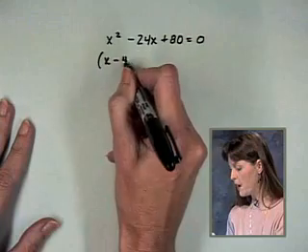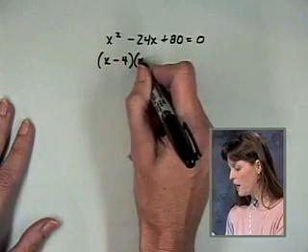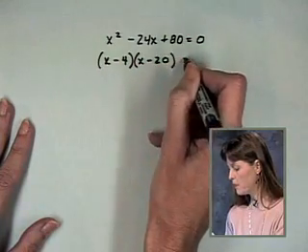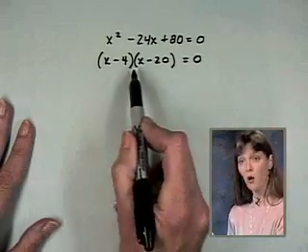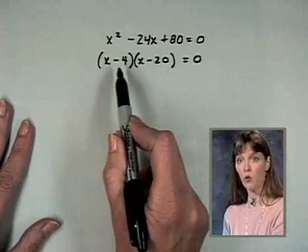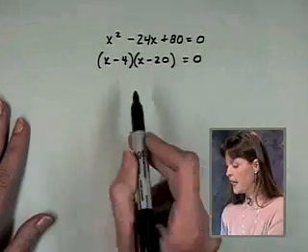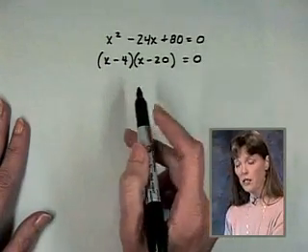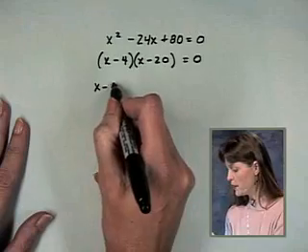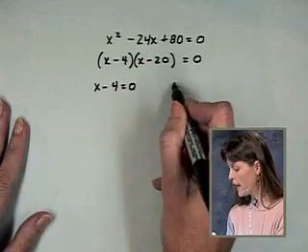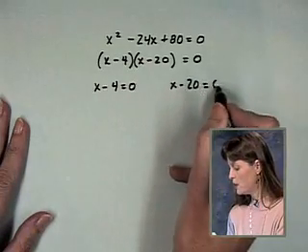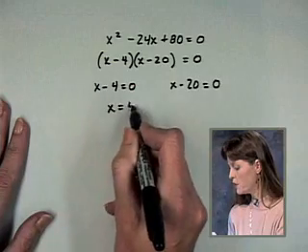If we write x minus 4 multiplied times x minus 20, notice that our middle term upon multiplication will be the negative 24, and the negative 4 times the negative 20 gives us the 80. Setting each of the factors equal to 0, x minus 4 equals 0, or x minus 20 equals 0, will give us solutions to that quadratic.